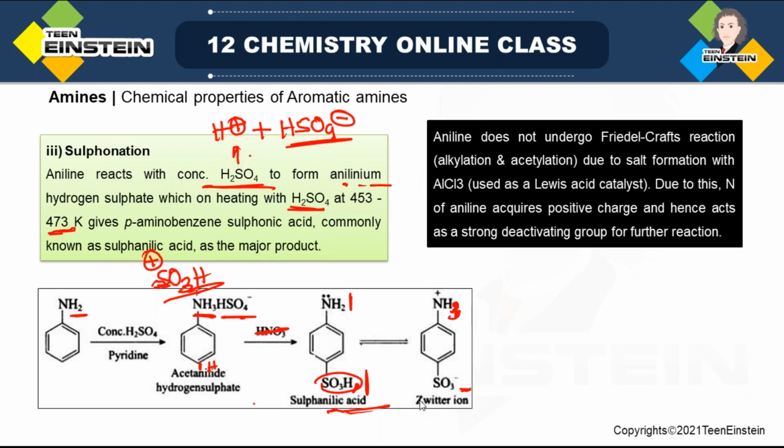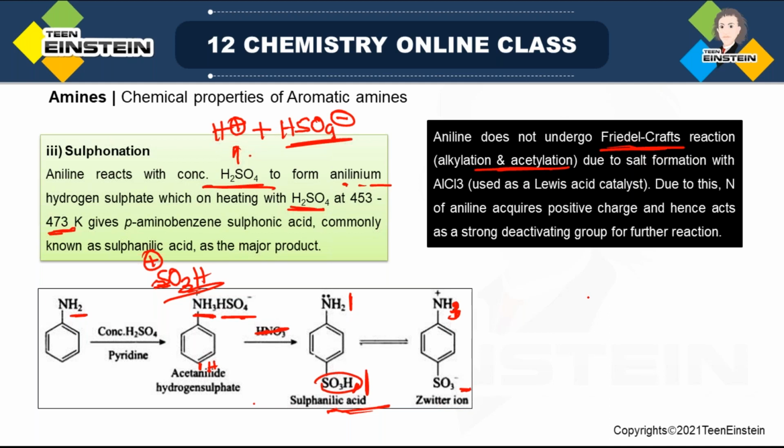Now come to this one extra information, because when we discuss electrophilic substitution in aromatic ring, one important reaction is Friedel-Crafts alkylation as well as acetylation. Now one question may arise in your mind, why is Friedel-Crafts reaction not possible for aniline?